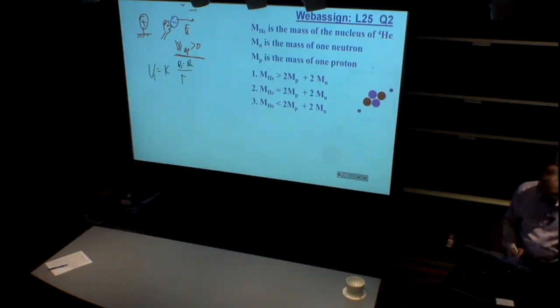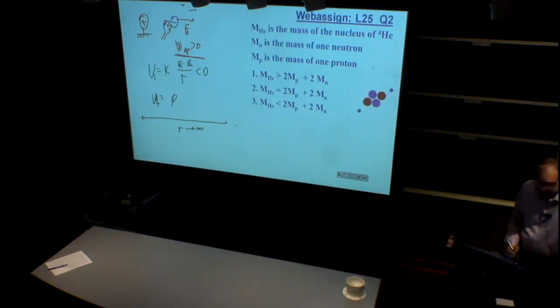That's initial. And it will be a negative number because one charge is positive, the second charge is negative. But the final potential energy will be equal to 0 when these 2 charges are infinitely far away. The distance is infinitely large.